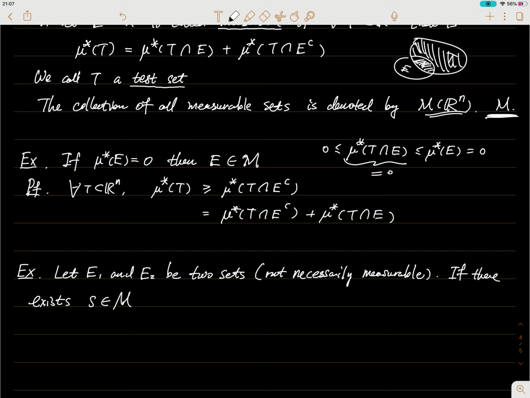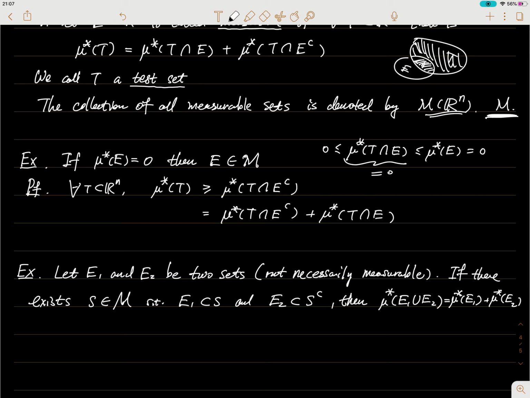If there is a measurable set S such that E1 is in S and E2 is in the complement of S, that means E1 and E2 can be separated by some measurable set S, then we can claim that the additivity of these two sets still holds.